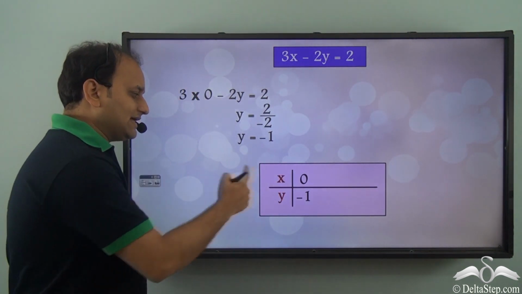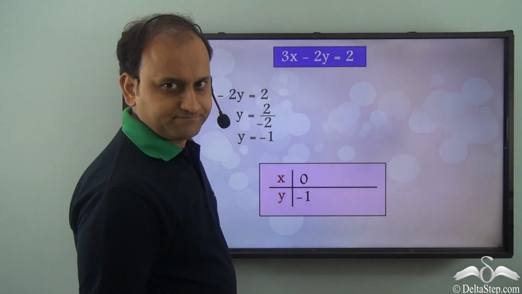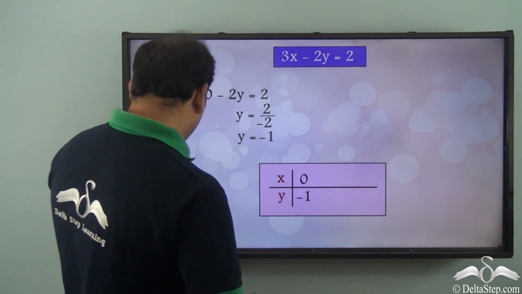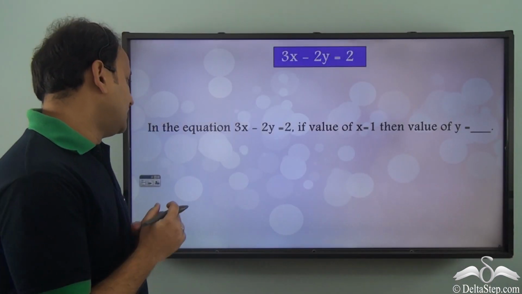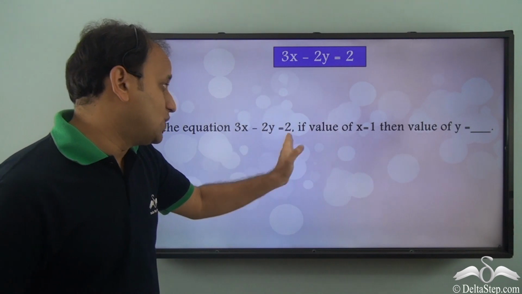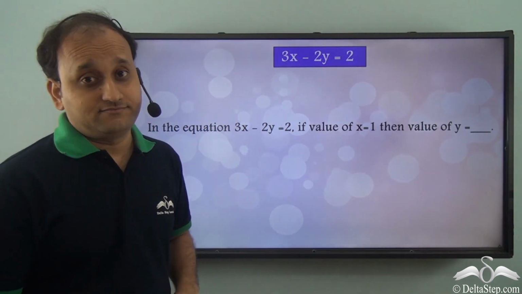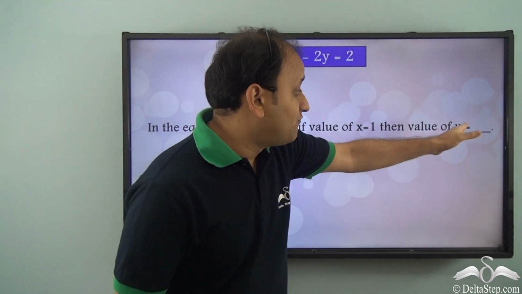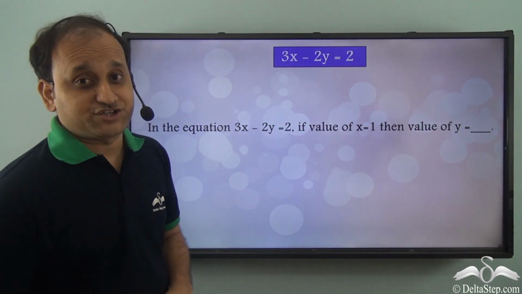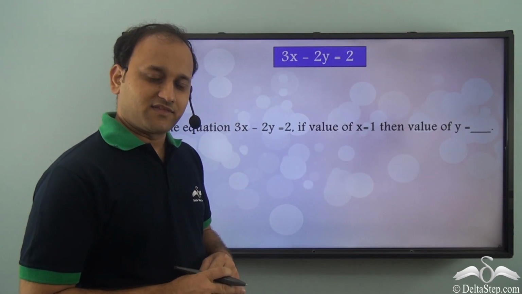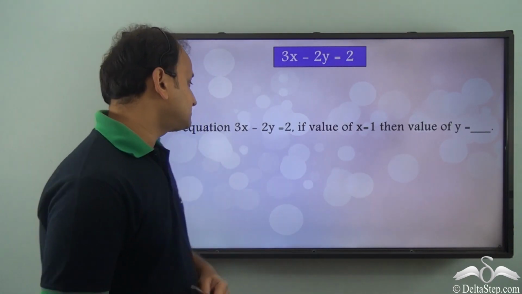Now let's take another value of x and let's see if we can solve for y too. In the equation 3x minus 2y equal to 2, if the value of x is equal to 1, then the value of y is equal to dash. Can you answer this particular question? Well, it's very simple.